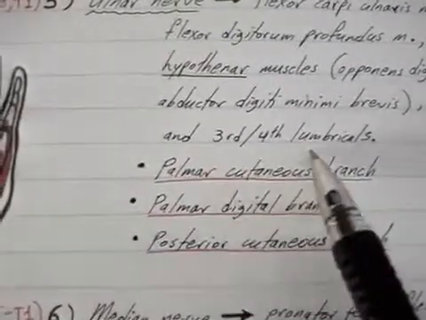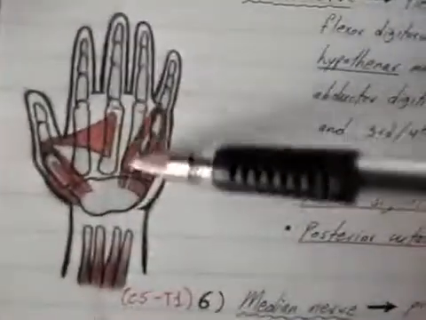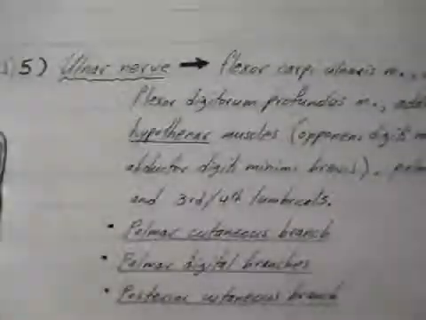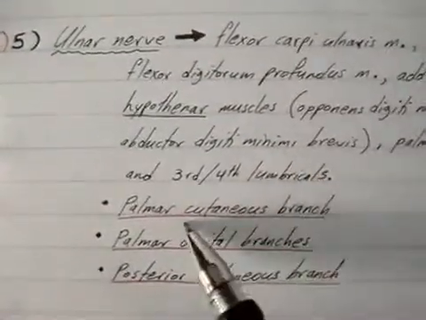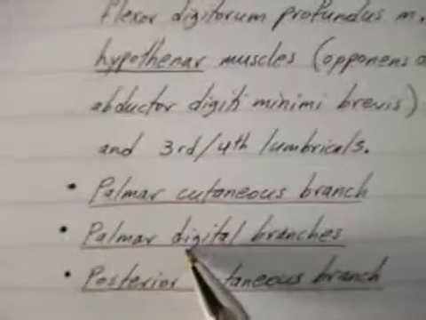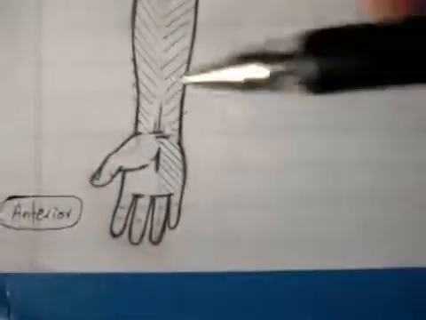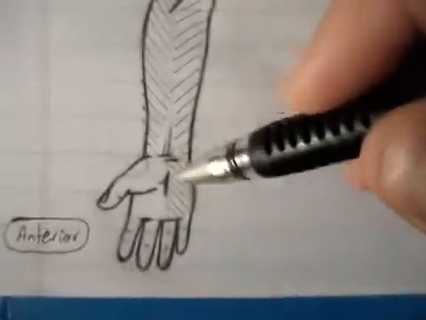Finally, the ulnar nerve also innervates the 3rd and 4th lumbricals. So there are 4 lumbricals in the hand. They're attached to the tendons of the flexor digitorum profundus. The ulnar nerve also gives off 3 cutaneous branches: the palmar cutaneous branch, palmar digital branches, and the posterior cutaneous branch. The palmar cutaneous branch is the palm of the hand, right here.